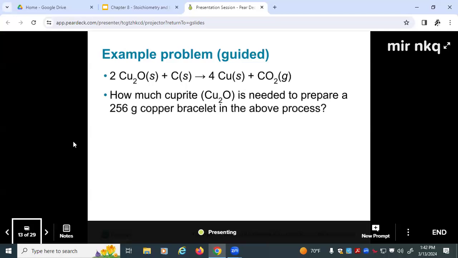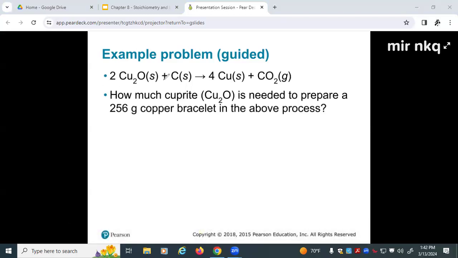Process is pretty much exactly the same. We're gonna overlay the mole map here. So I have 256 grams of copper. I'm trying to figure out the number of grams of cuprite.